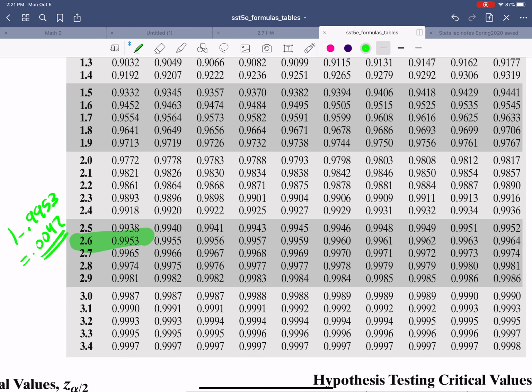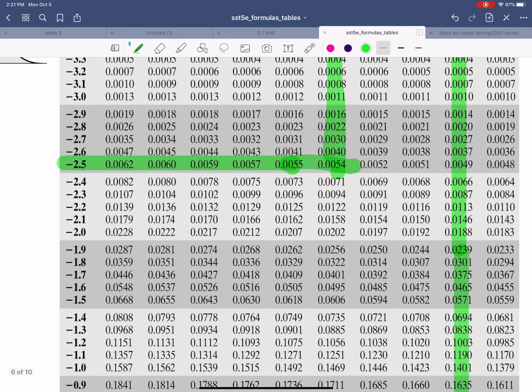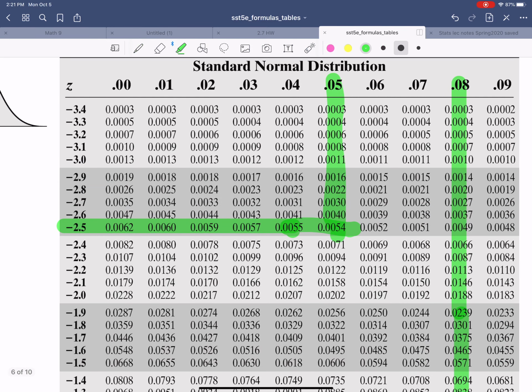That gives you the area to the right because we had the right side shaded. Or we could look up negative 2.60, which is here, and that would work out as well. Either way, both are correct, and it's totally up to you however you want to do it. So let's go back to the notes.